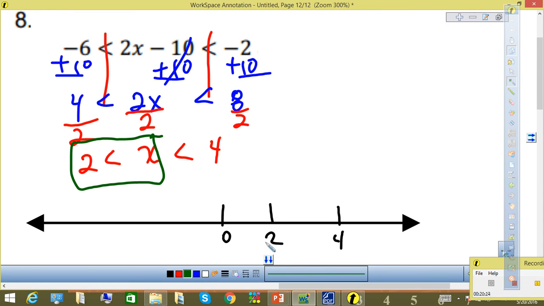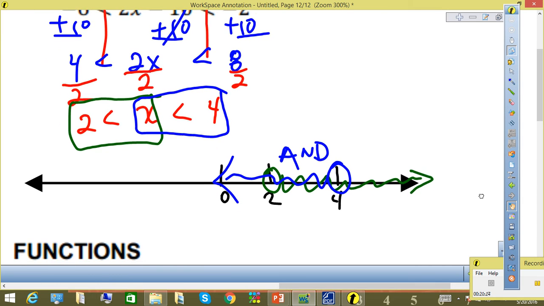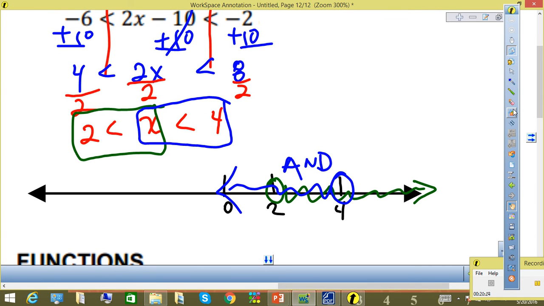So therefore, this is an open point. 2 is less than 4 and all these numbers over here. Let's graph the second part. So x is less than 4. It's open point. Anything less than 4 is to the left. And this is a what? And. All right. So solution set for that one.